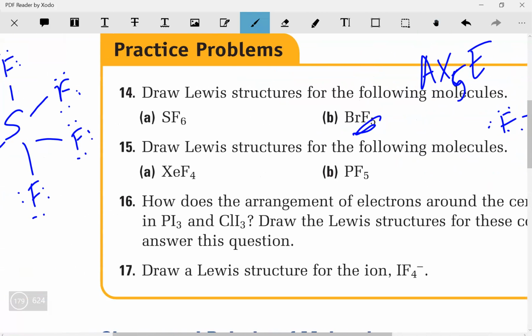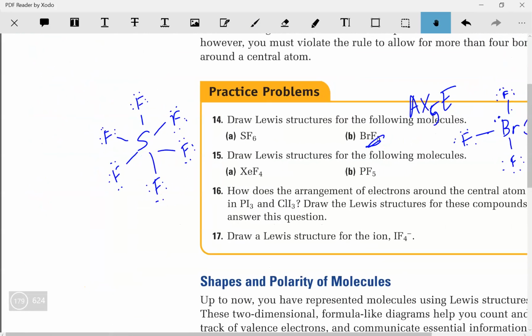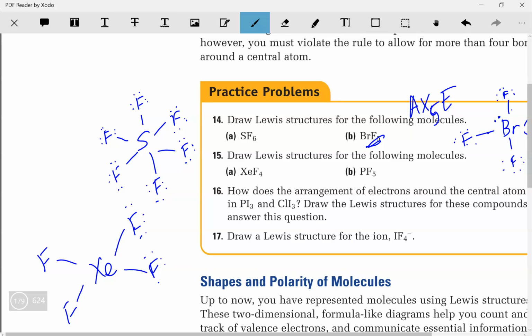Very important to count here. Be careful. XeF4. This is basically square planar, you can tell, but 8 plus 28 is 36, so Xe. 1, 2, 3, 4, 5, 6, 7, 8, 9, 10, up to 32.